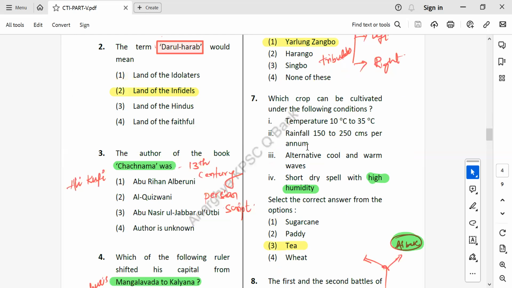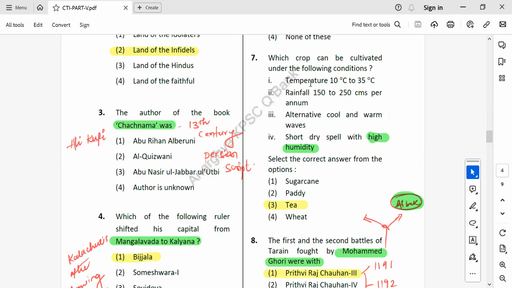Yeah, this is somewhat a tougher question. Which crop can be cultivated under the following condition? I think agri students can easily answer it. Of course, you can remember the Western Ghats, where high humidity will be there. If you correlate like this, alternate cool and warm waves will come because it's very near to the sea.